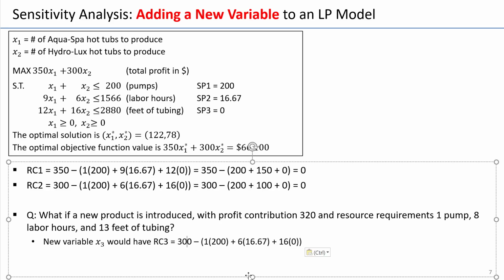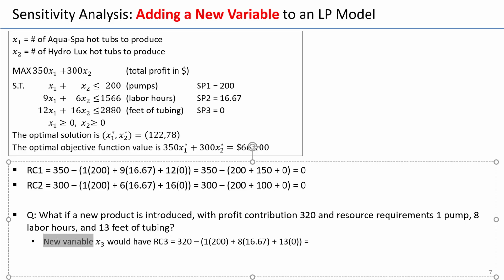So we have to take, I'll copy it and correct. We need to take 320 as the profit contribution, because that's what we get here. And then 1 times 1 pump is used still, but 8 labor hours and 13 feet of tubing, I need to change 8 and 13, but the same shadow prices can be applied.